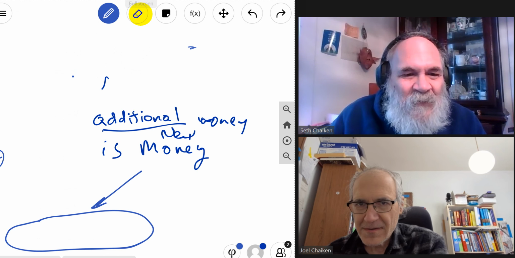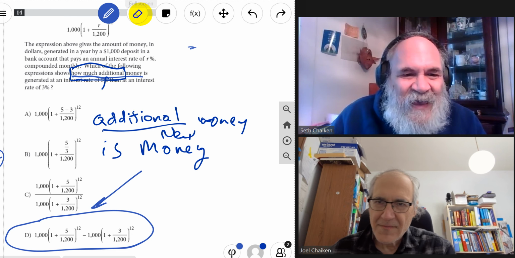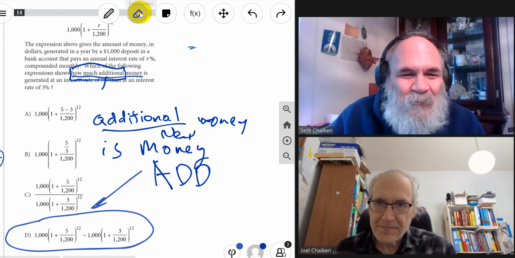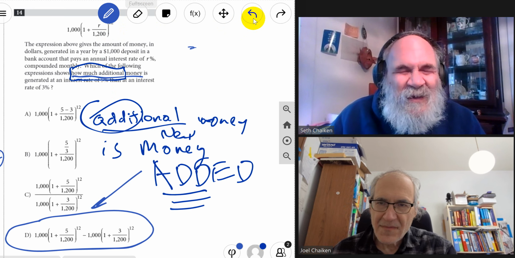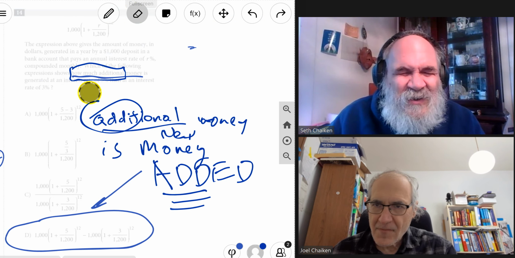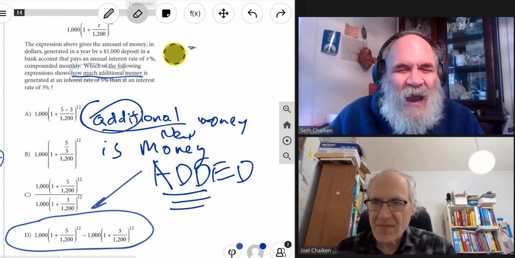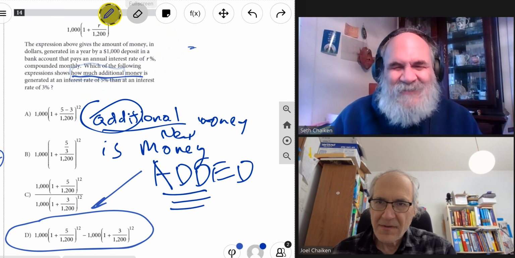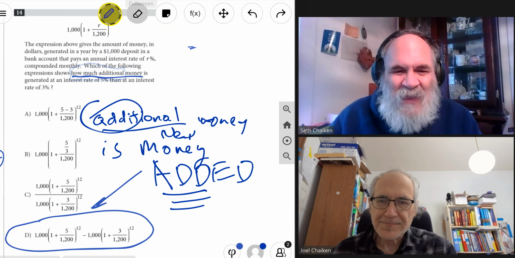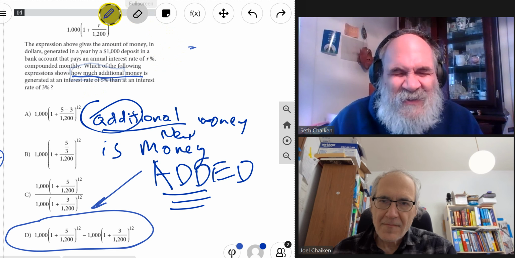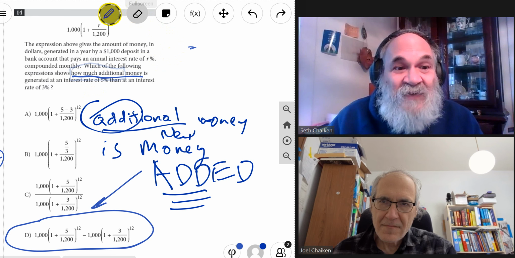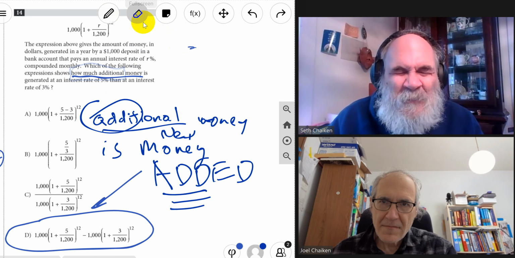Additional is how much is added. And so to find out how much is added when you go to 5%, you take what you get at 5% and subtract off the old value, which is at 3%.